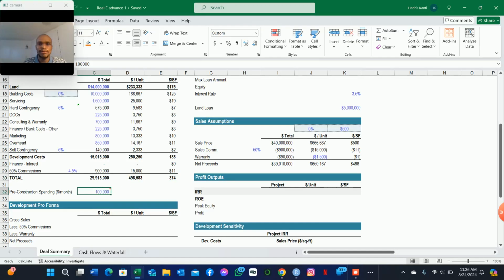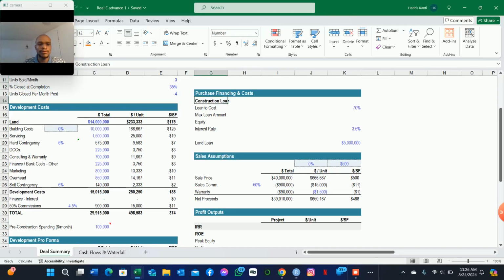And then we have our pre-construction spending here, which we will later use to drive our construction spending in the cash flow and waterfall schedule. So hopefully this gives you a better understanding on how we use certain assumptions to drive our revenue and our cost going forward in our real estate development project.